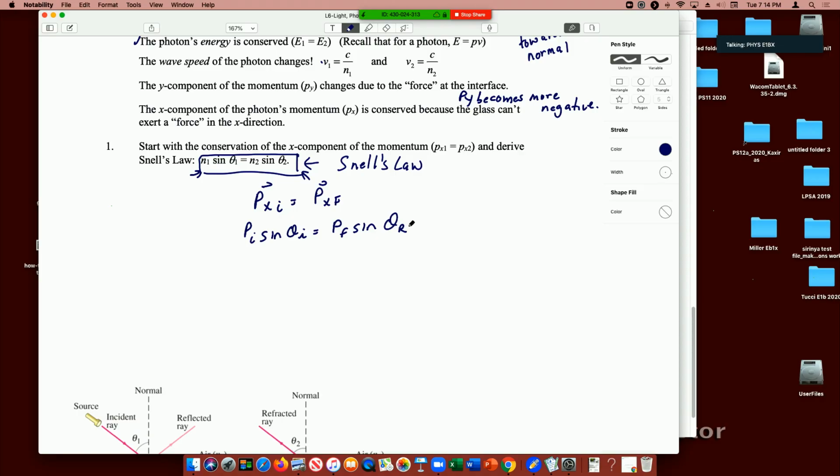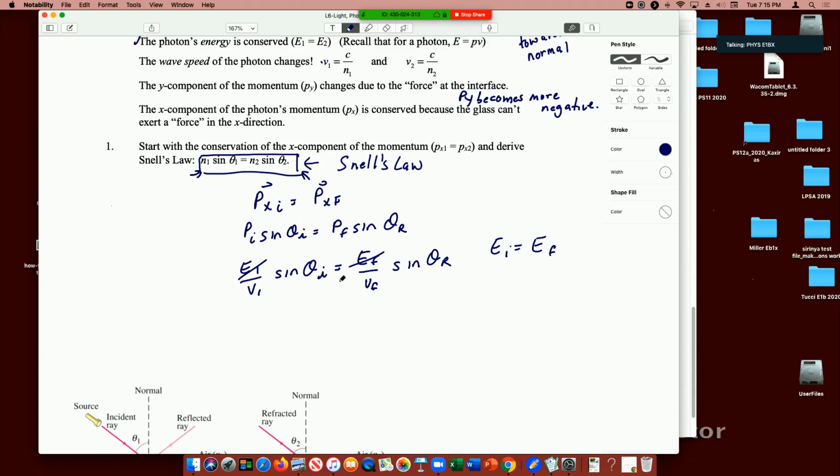Then we know that the momentum is just equal to the energy over the velocity. So this is the incident angle: E initial over v initial times the sine of the incident angle equals E final over v final times the sine of the refracted angle. Energy is still conserved, so energy initial equals energy final, and you can cancel those out.